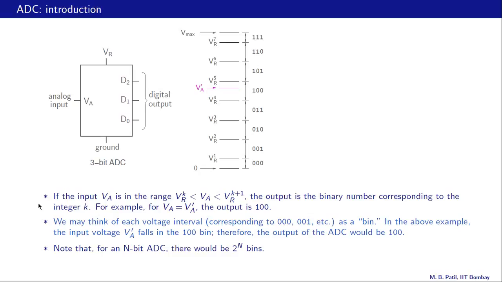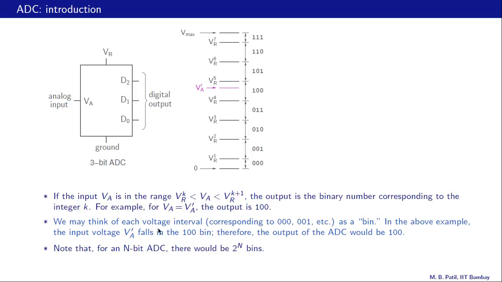Here is the summary. If the input VA is in the range VRK to VRK plus 1, the output is the binary number corresponding to that integer k, this one. For example, for VA equal to VA prime, it fell between VR4 and VR5, and therefore the binary number corresponding to 4, which is 100, is assigned to the digital output.